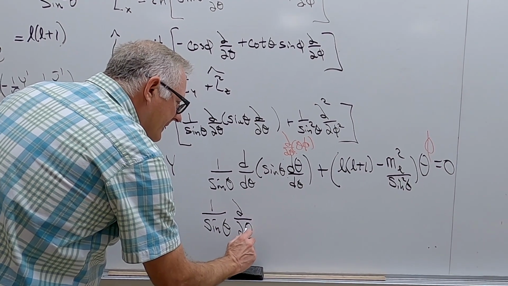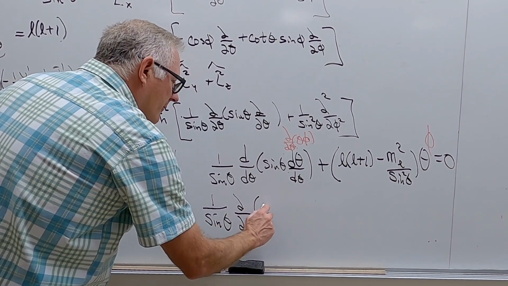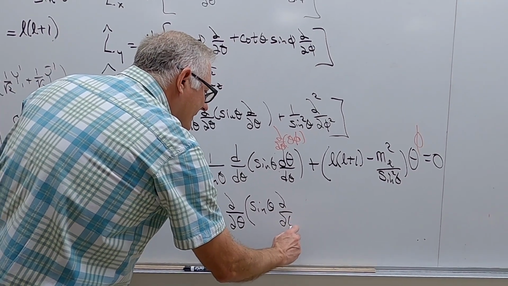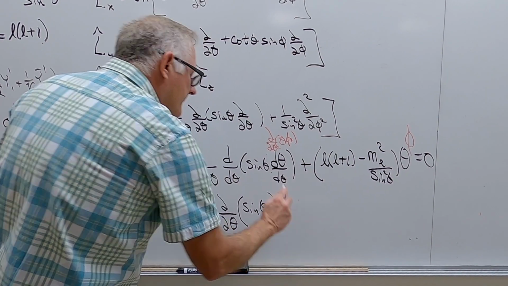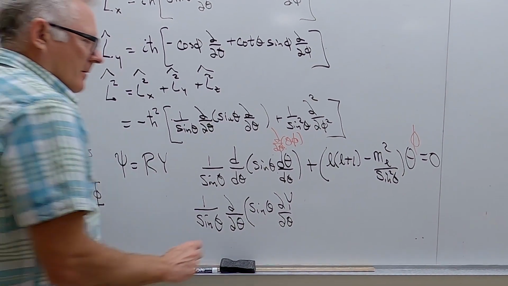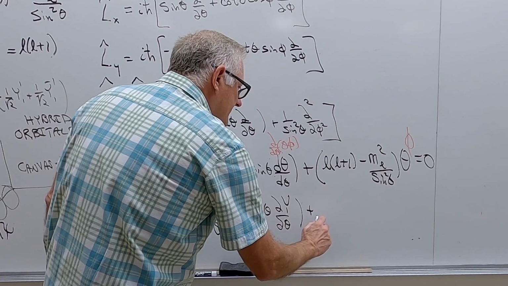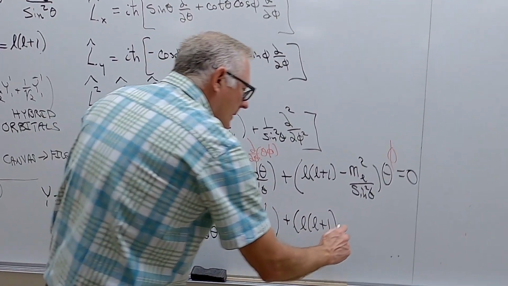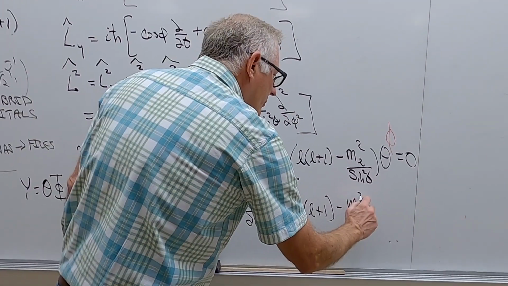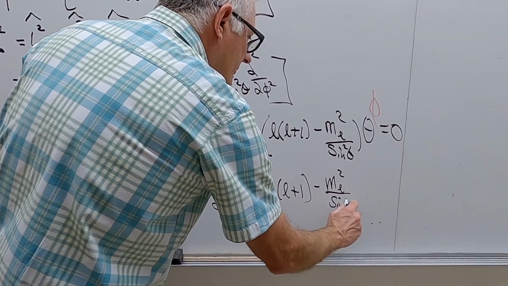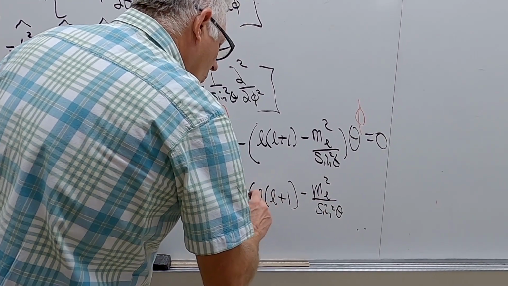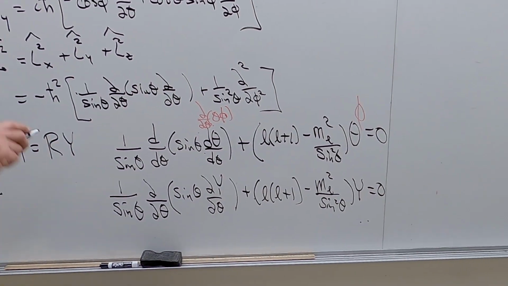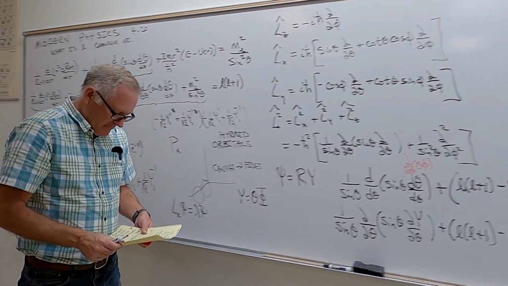Partial with respect to theta of sine theta, partial with respect to theta of y, plus L times L plus 1 minus m sub L squared all over sine squared theta times y equals 0, where the y's are the L and m sub L's right there.